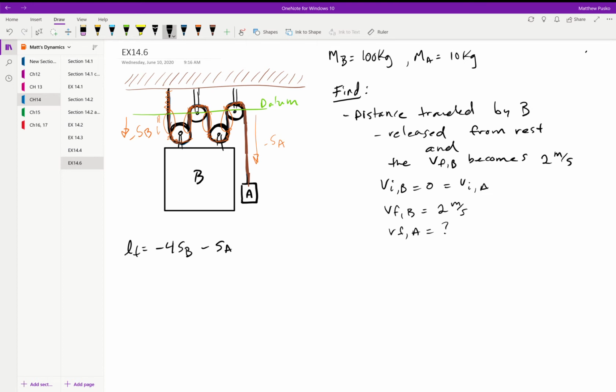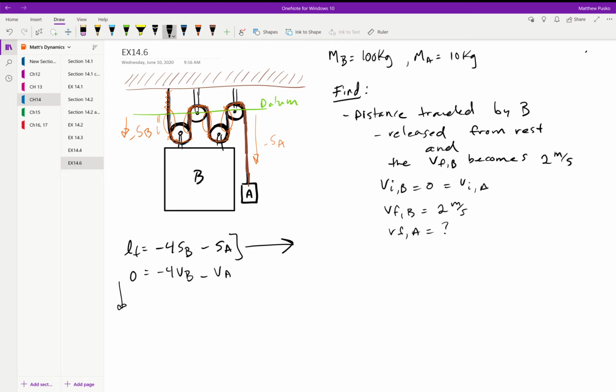Let's take the derivative right away. Derivative would yield minus 4 times the velocity of B minus the velocity of A. And I don't know if we'll need the acceleration. I doubt it. Let's just keep going. We can take this derivative again if we need.